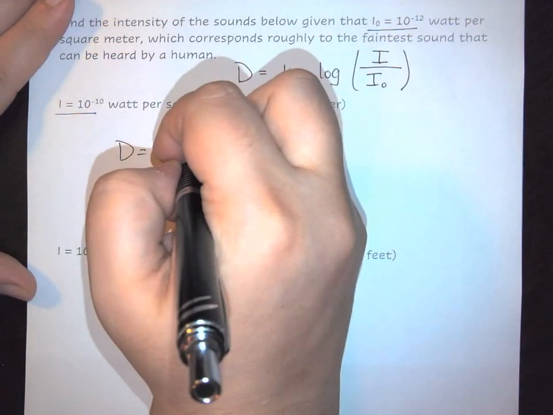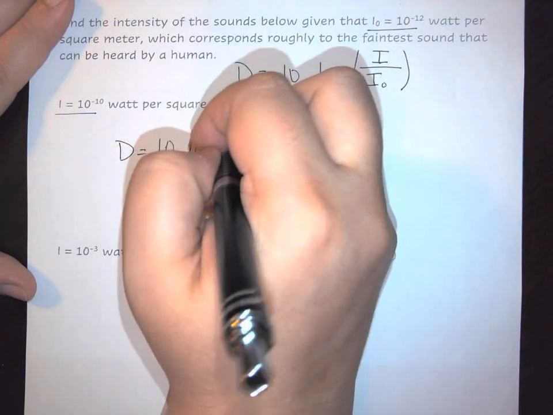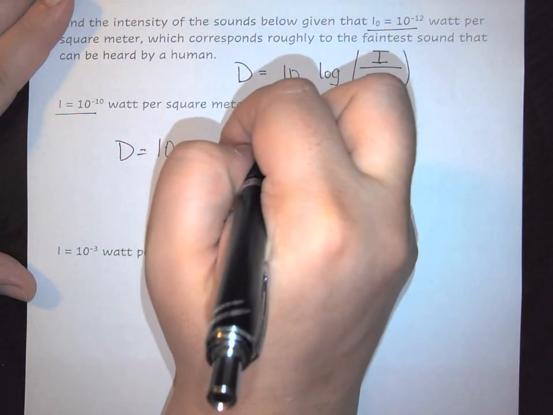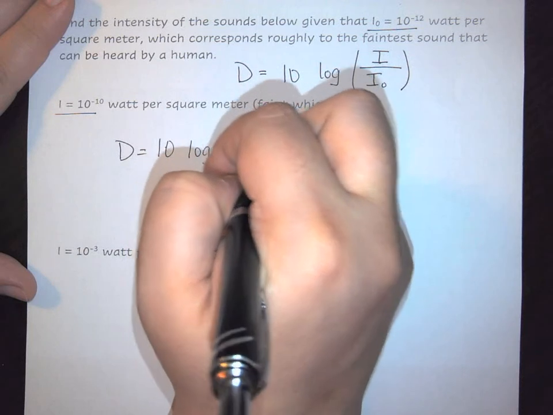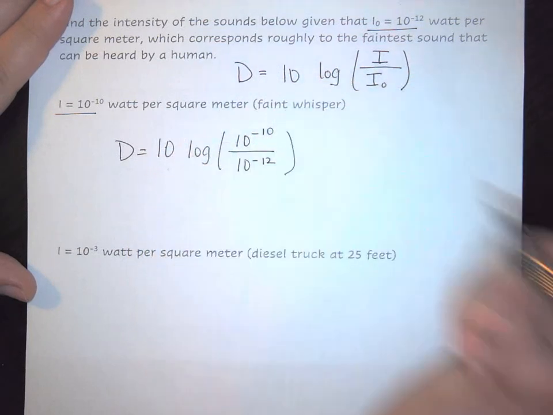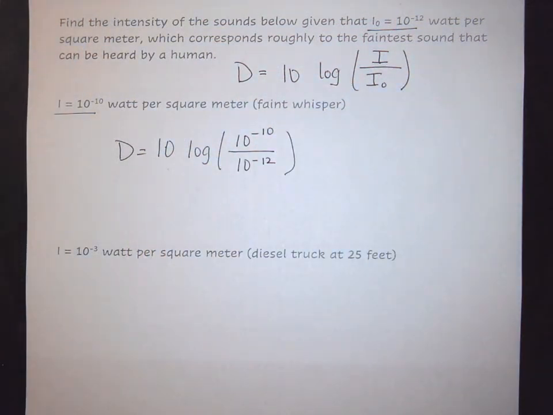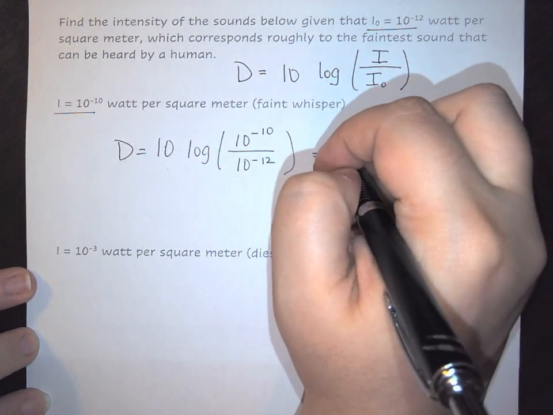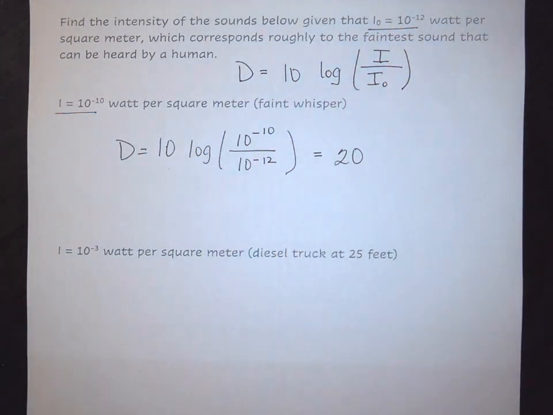So this is 10 times the log of 10 to the negative 10 over 10 to the negative 12. So you'll use your scientific calculator to go ahead and plug this in, and once you do, you should come out with 20. Okay, or 20 decibels.